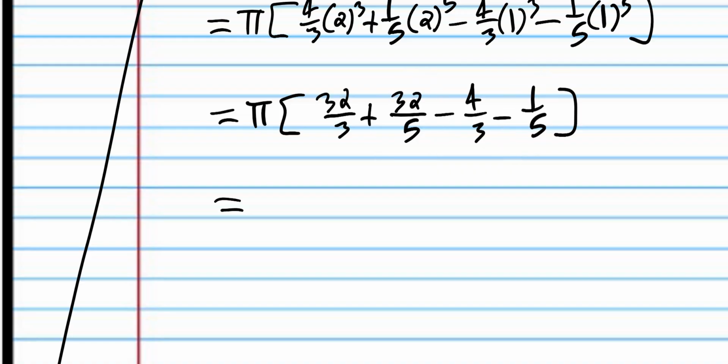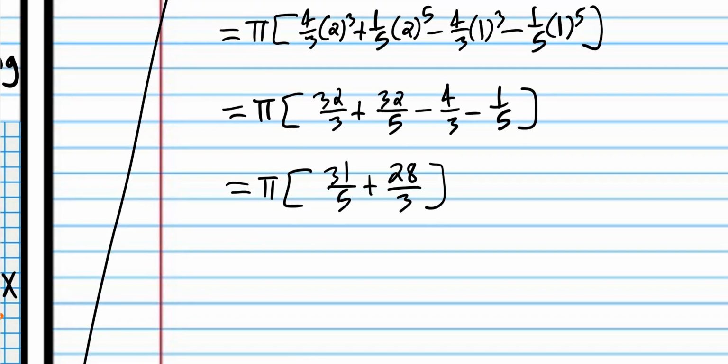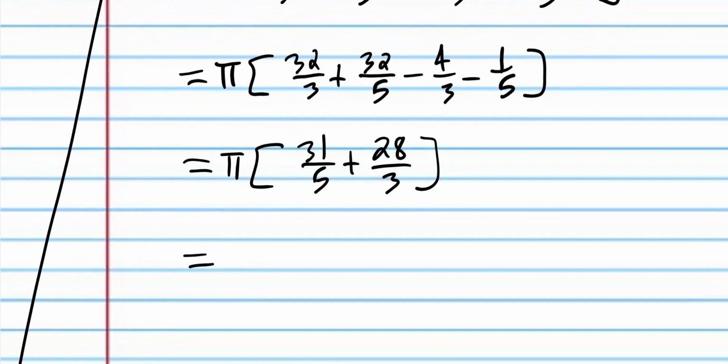So 32 minus 1 is 31 over 5, and 32 minus 4 is 28. So now let's get a common denominator here. So it looks like we have 93 over 15 and 140 over 15.